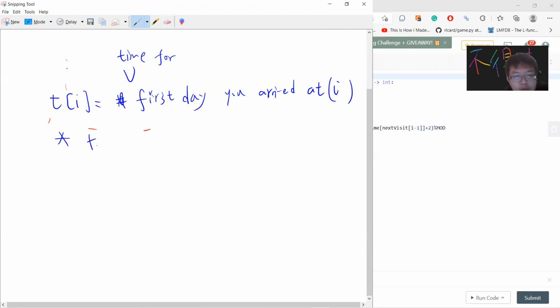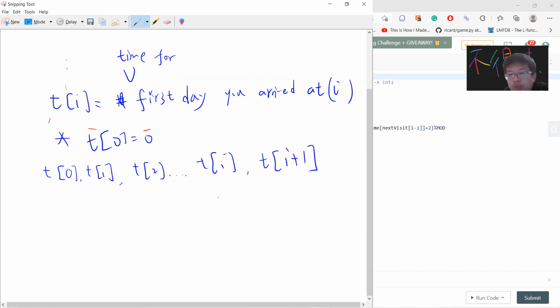The boundary condition is trivial: T of 0 must be 0. The question is how to connect these. Suppose I already know T of 0, T of 1, T of 2, up to T of i. This is mathematical induction. How can I solve for T of i plus 1?